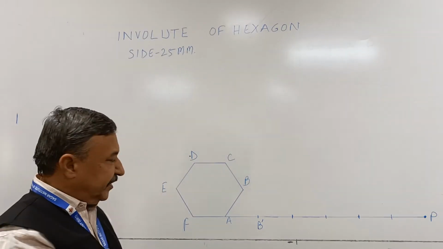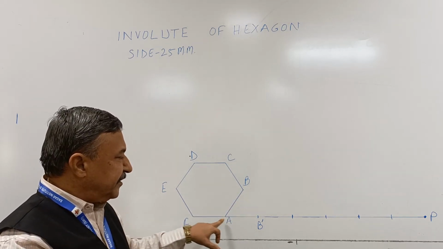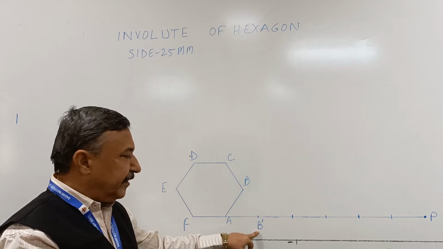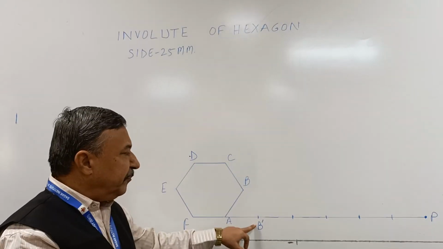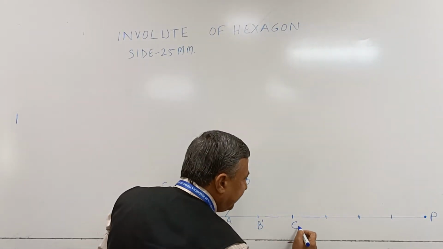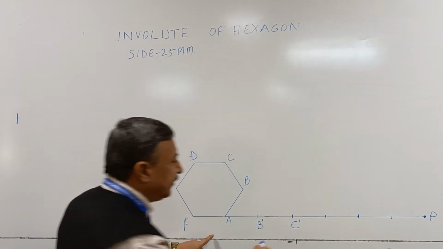This extension starts from A, so we cannot give here point A. So this is point B dash, and second point is C dash, and in this way we mark points here.